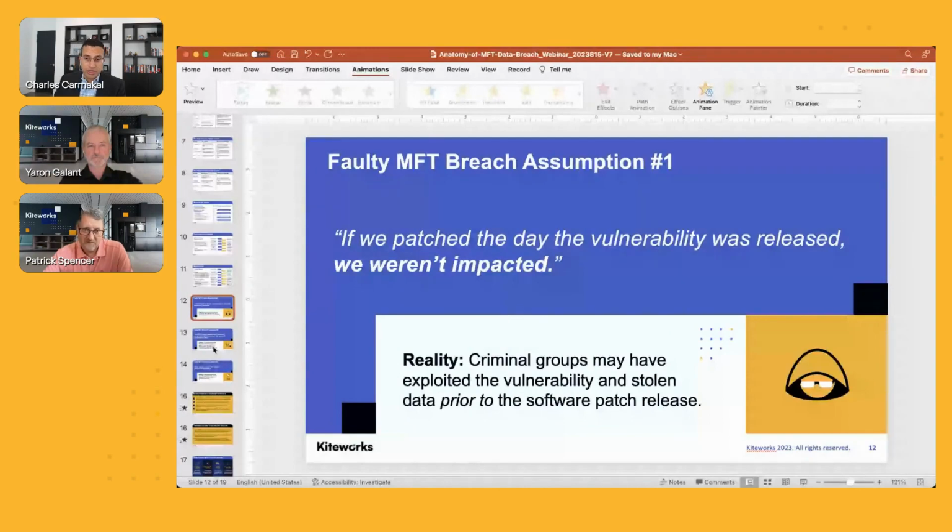Not every organization in the world was compromised, but the majority of the organizations that had internet exposed MOVEit instances had some level of mass exploitation that occurred, or at least was attempted. All the exploitation wasn't successful, but a lot of the exploitation was.